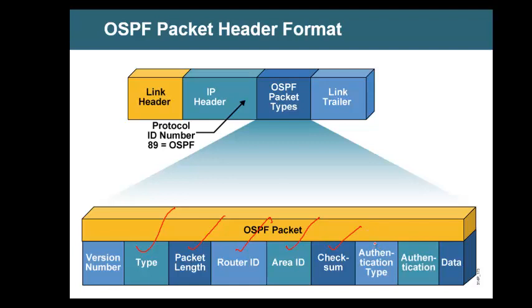Authentication type, OSPF supports 0 authentication, 1 authentication, 2 authentication. There are totally 3 authentication types, type 0, type 1 and type 2. That will come here: null, clear text and MD5. And then the authentication password, the hash values, and then the payload, the data the OSPF packet carries.